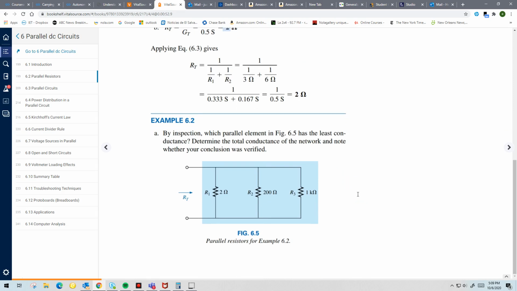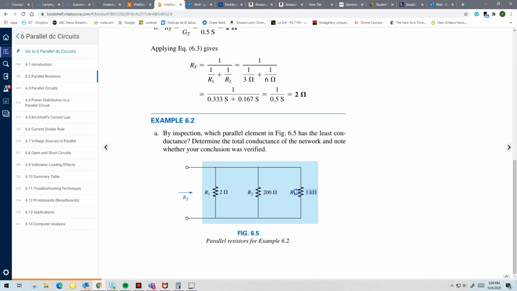So in this question it says, by inspection, which parallel element in this figure has the least conductance? And also find the total conductance of the network and check if your conclusion is correct. Well, since the conductance and the resistance are the reciprocal of each other, the element that has the most resistance is R3.